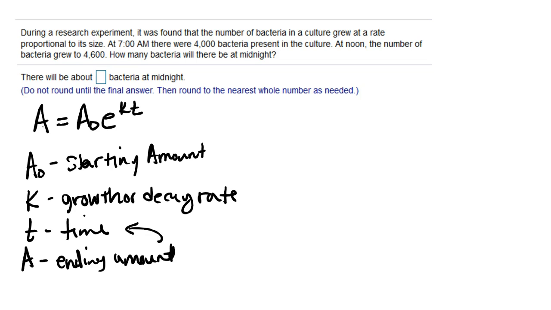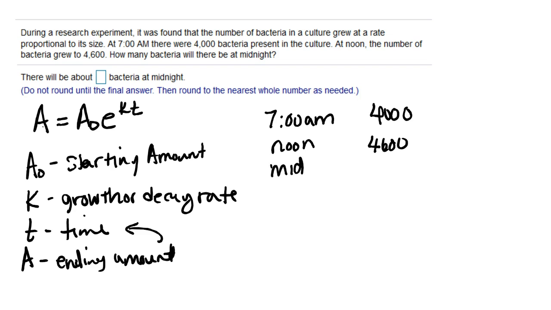So in this example, it says at 7 a.m. we have 4,000 bacteria. Then at noon, we have 4,600, and we want to know how many we have at midnight. So I want to take these times of the day and convert them to a time that we can use in a formula.